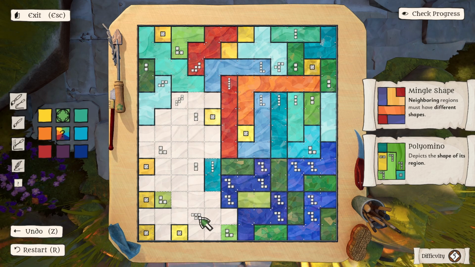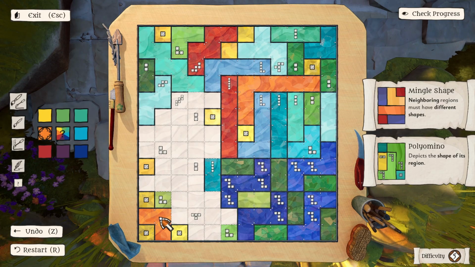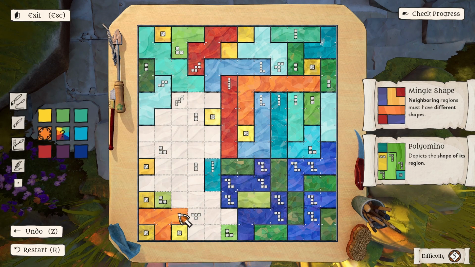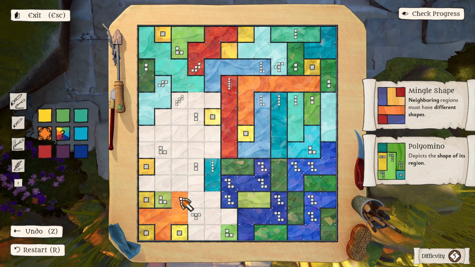Which means that has to come out here, and this also has to come out here. But they can't be that shape, and if they come to here, they can't be that shape. So they need to do that, at least. That is restricting that one.